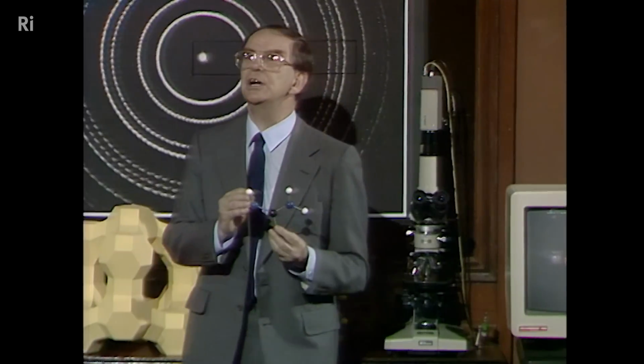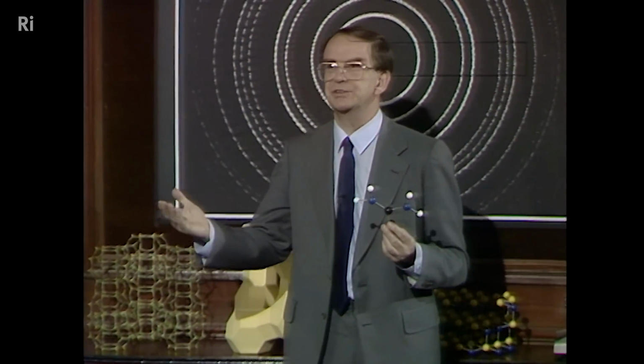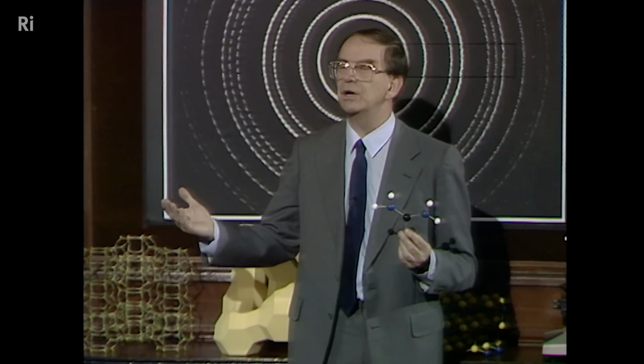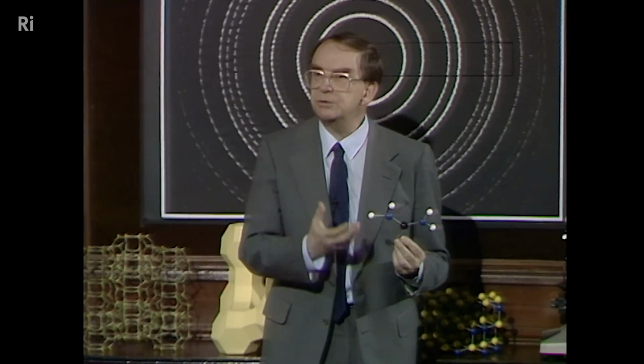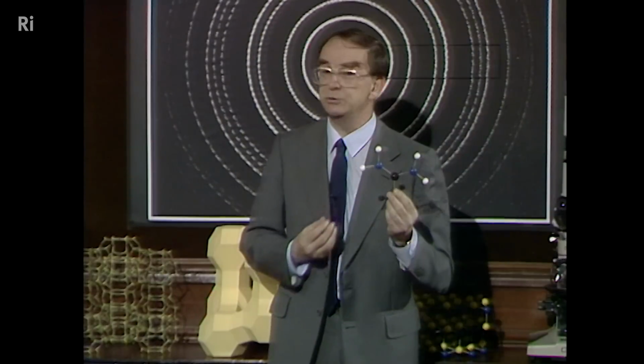If you wanted to determine what a vitamin, suppose you had discovered, vitamins were only discovered about 50, 60 years ago. You isolate them, you purify them, and then you form a crystal of them, and you determine the structure.